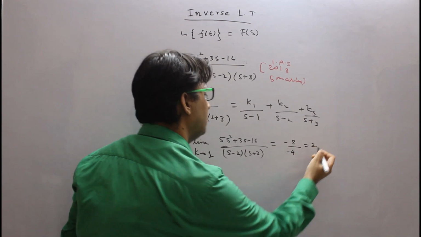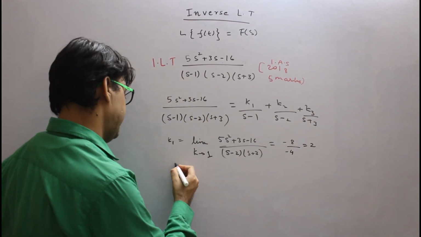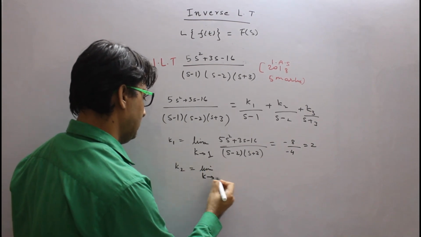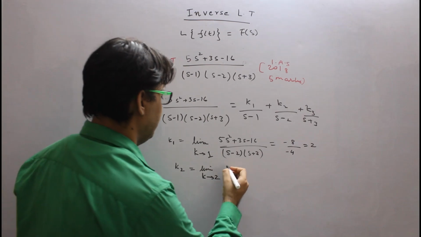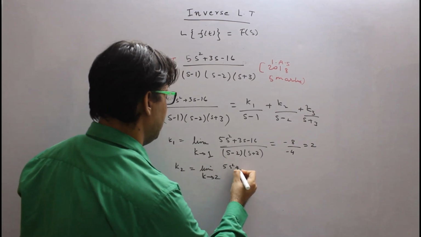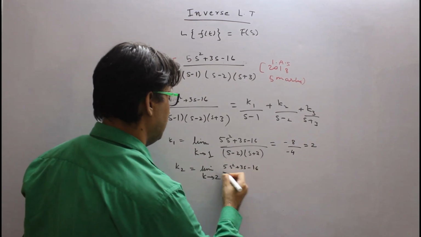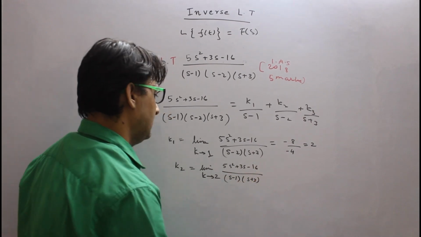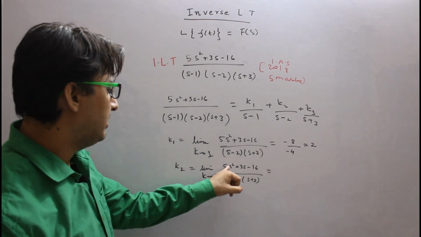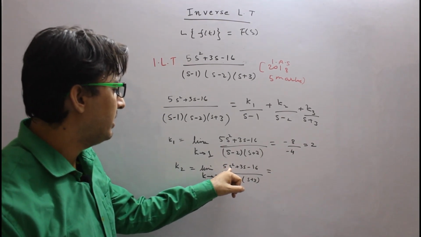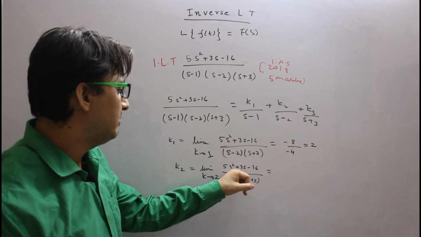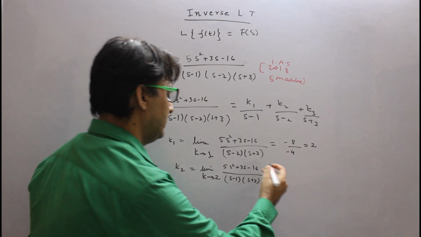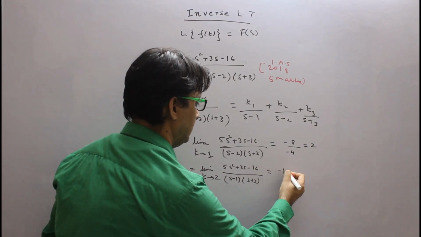So what we get as k1 is 2. Now our aim is to find k2. That is limit s tends to 2 of 5s square plus 3s minus 16 divided by s minus 1 into s plus 3. So if you put here s as 2, square, 5 into 4, 20, 20 plus 6, how much? 26. 26 minus 16 is plus 10.